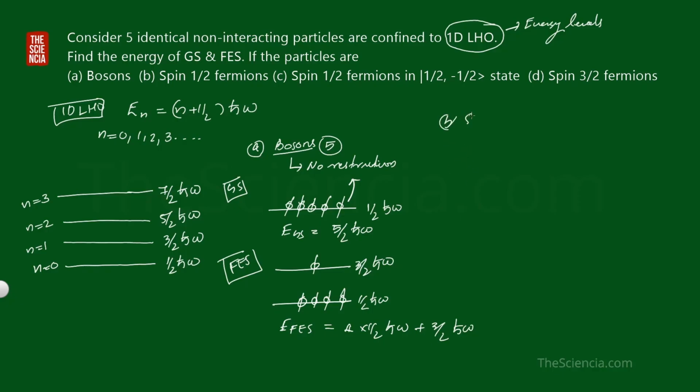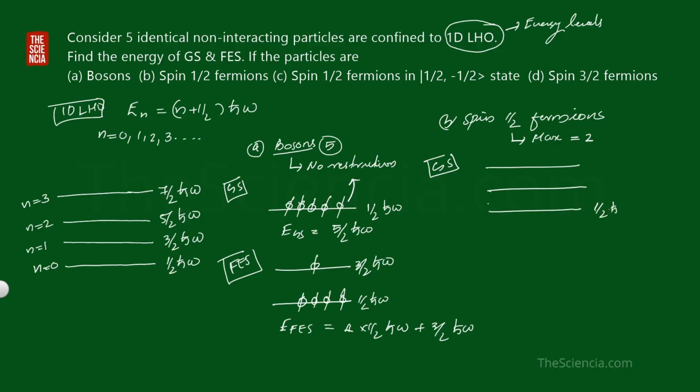Now let us consider spin half. That is, the next question is spin half fermions. So for spin half fermions, you know the maximum number of particles in each state is 2. So these are the various states. First we have to consider the ground state. So these are the various energy levels in a 1D LHO, that is half h cross omega, 3/2 h cross omega, 5/2 h cross omega.